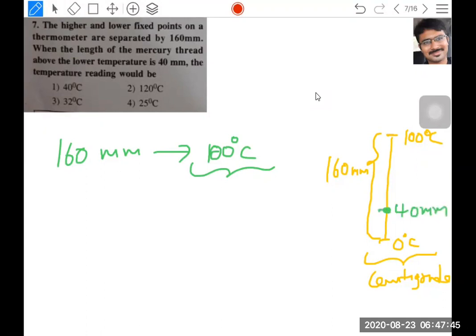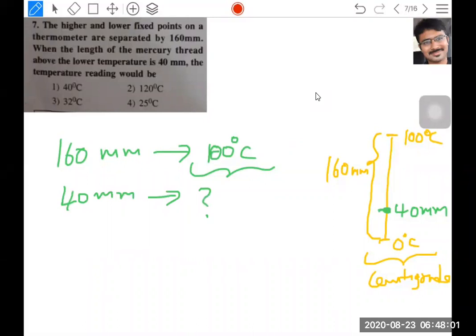At this 40 millimeter, what is the temperature there? If 160 millimeter corresponds to 100, then 40 millimeter corresponds to how much? 40 millimeter corresponds to what temperature?